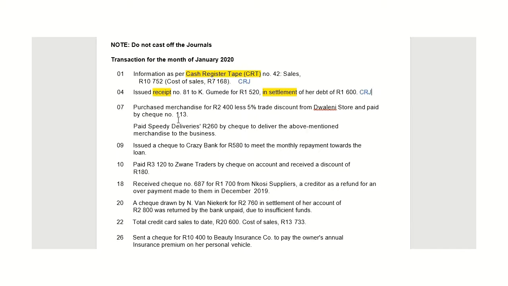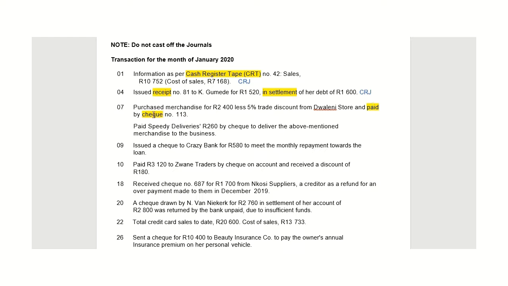Okay, the seventh, purchase merchandise for 2,400 and pay. Pay is the keyword. So I'll buy check, another keyword. Be careful. The word check doesn't always mean it's a CPJ.